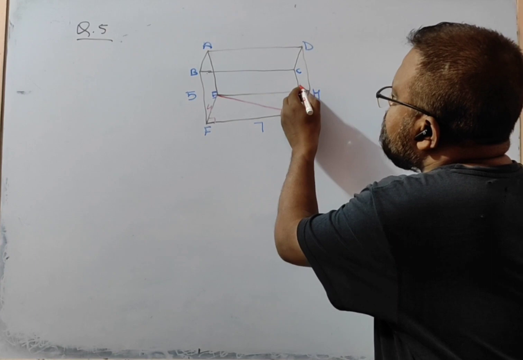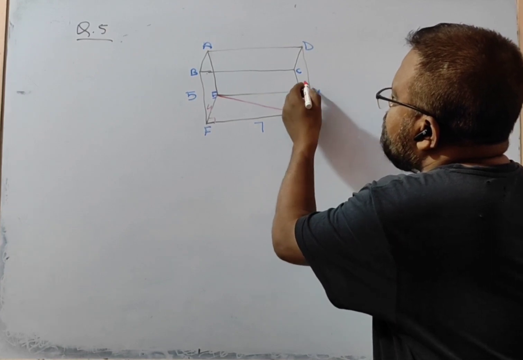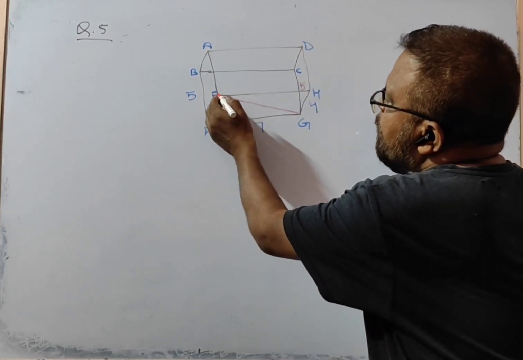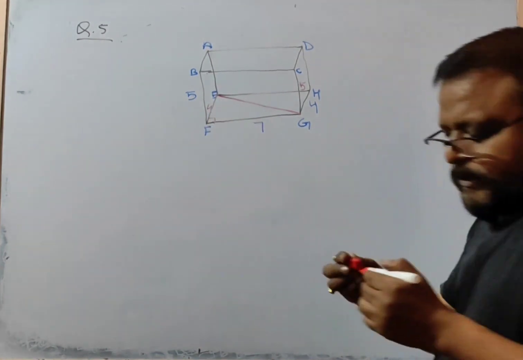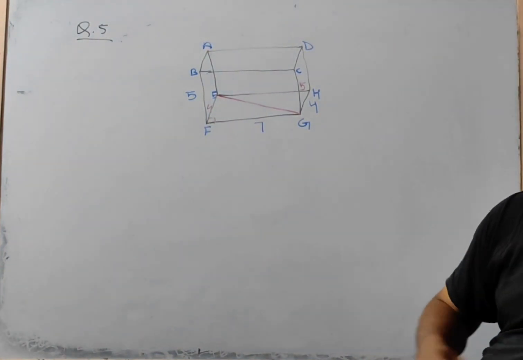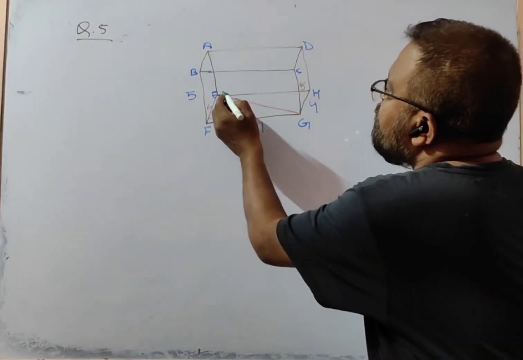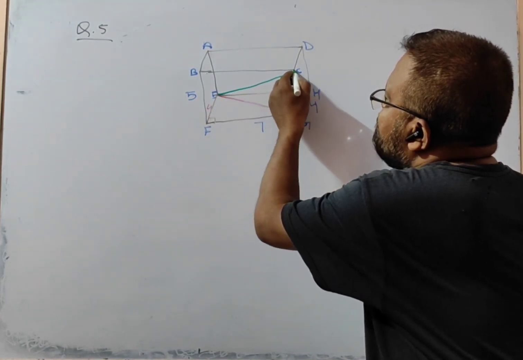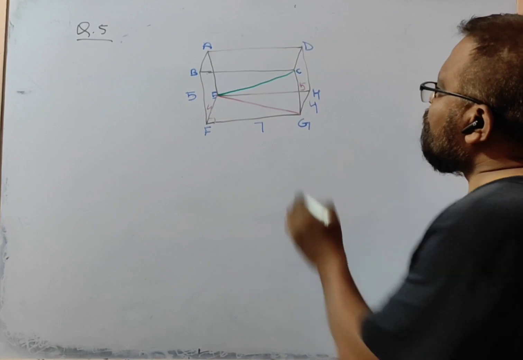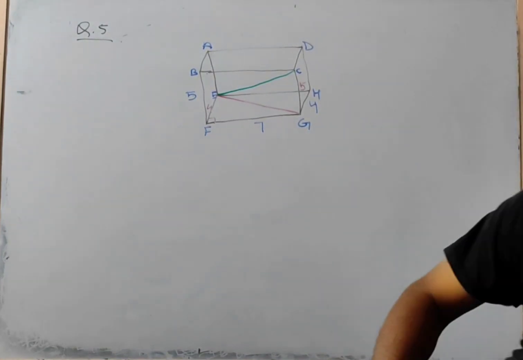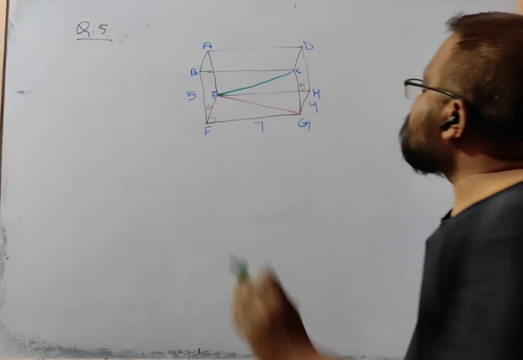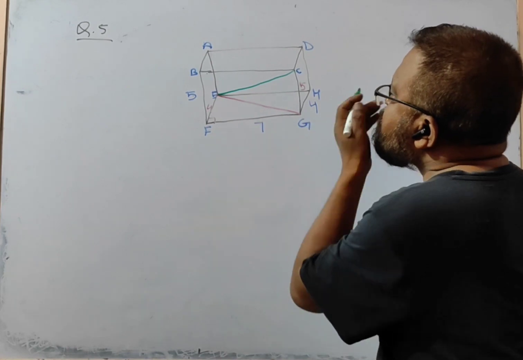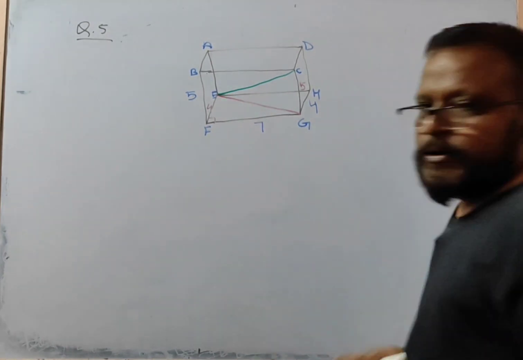So this is of 5, and there is another line which is joining EC, right? So what we have to find, EC, is it?